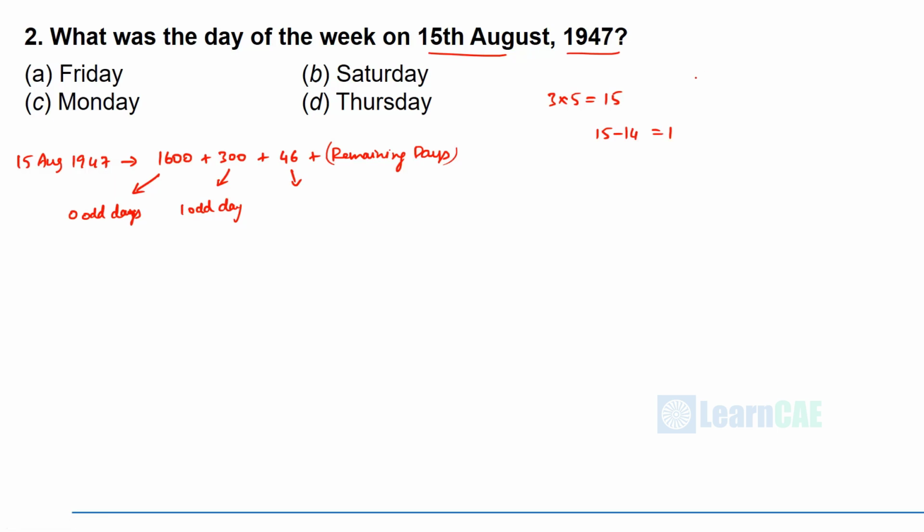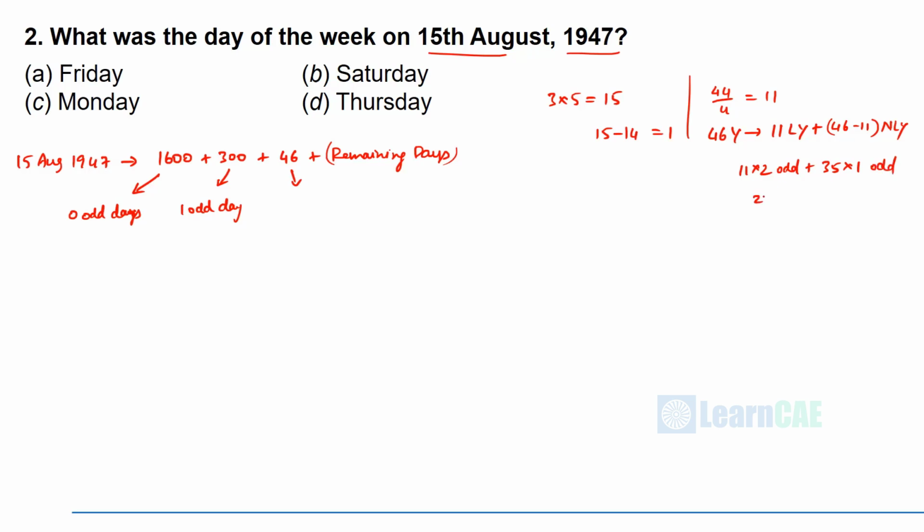Next, 46. The multiple of 4 less than 46 is 44. 44 by 4 is equal to 11. Therefore, 46 years is equal to 11 leap years plus 46 minus 11 non-leap years. 11 leap years has got 11 into 2 odd days plus 46 minus 11, which is 35 non-leap years, so 35 into 1 odd day.